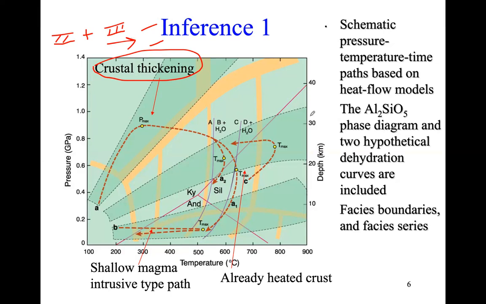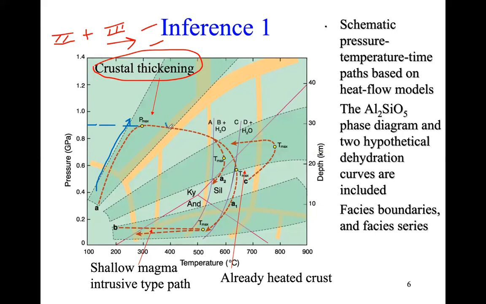So this is a schematic PT diagram showing a crustal thickening PT path, and you can see gradually this path shows pressure and temperature increase, right? Pressure and temperature increase to a maximum level, right? So this is the maximum level, which is shown here as P max, right? And then what has happened according to this path?